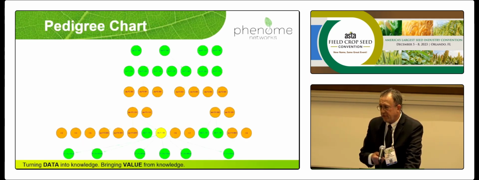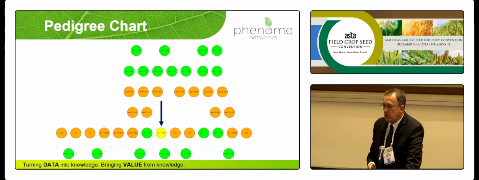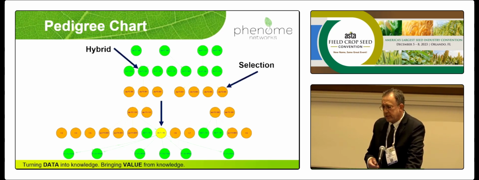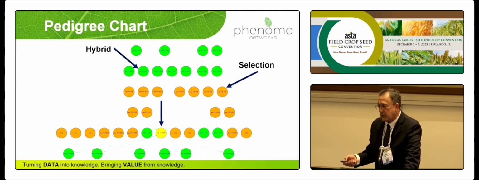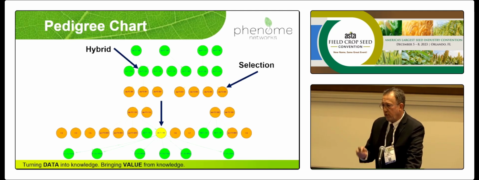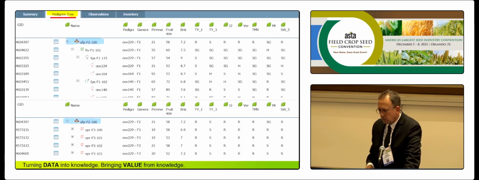So these are a few screenshots of our abilities to serve you. If you're looking at a specific germplasm, this would be in our ability to provide with a click of a button on your entire database. And if you look, you see the green circles are hybrids, the orange ones are selections, above the germplasm are the ancestors, below are offspring, so you can track all of your pedigree trees on your entire database.